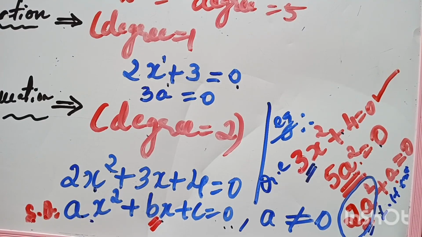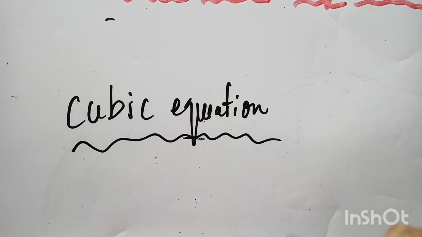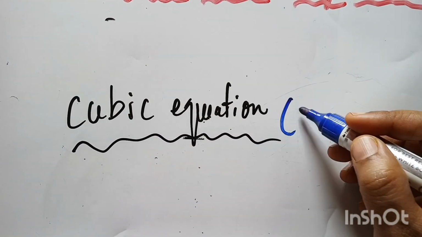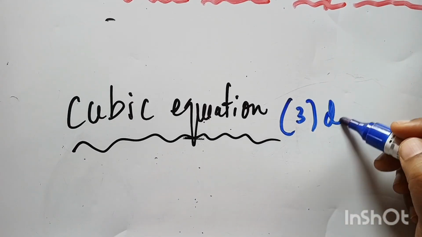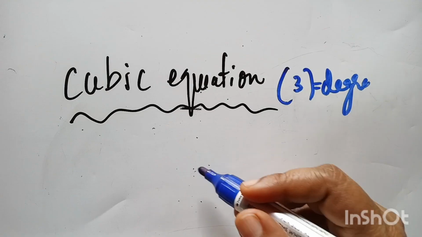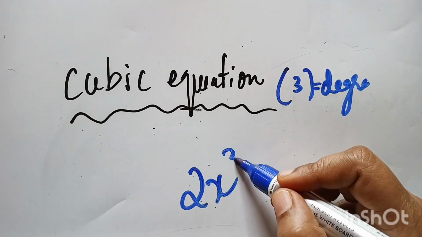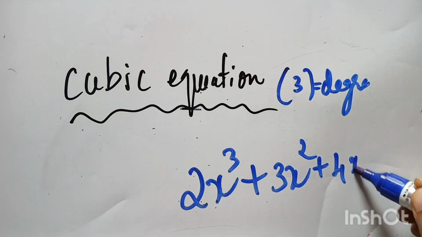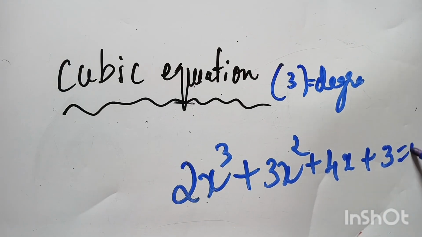LHS and RHS values. Next is cubic equation. We saw linear equations, then quadratic equations, and now next is cubic equation. Cubic equation means the highest power is 3. The degree must be equal to 3. For example, 2x cube plus 3x square plus 4x plus 3 equal to 0.